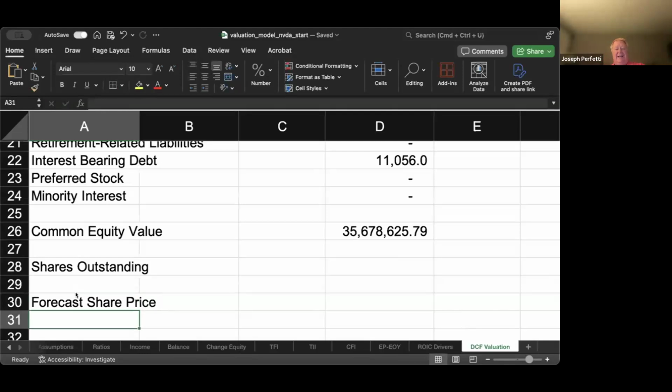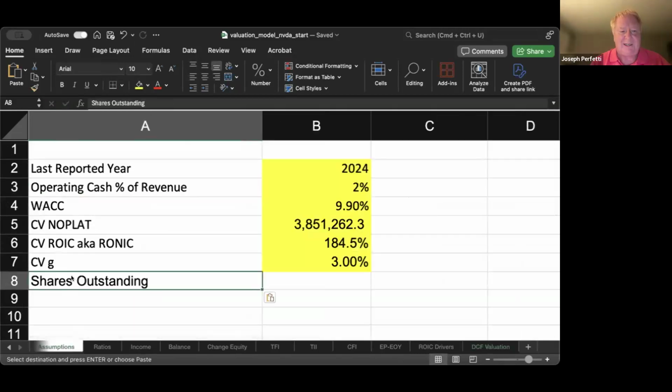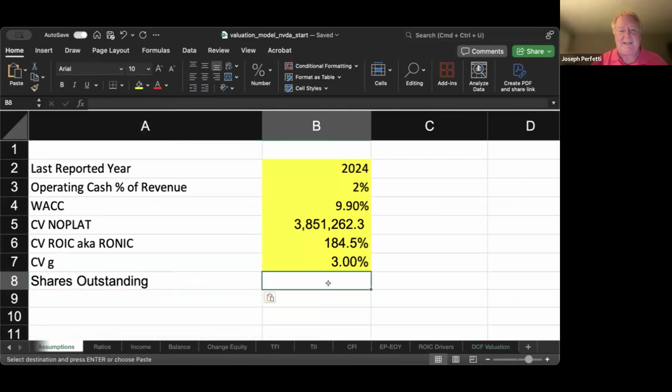Now, the shares outstanding is actually something that's going to change company by company. So I don't want to put a hard-coded shares outstanding on this tab. So I'm going to put shares outstanding on the assumptions tab as our next assumption down. And that's going to be yellow. So now the question is, where do I get the shares outstanding?